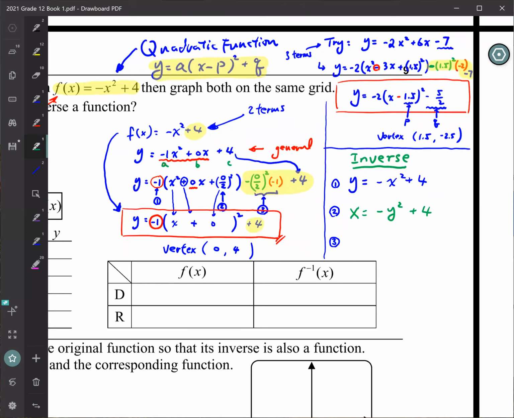You want to isolate the y. Please raise your hand once you finish isolating. So isolate the y on one side.